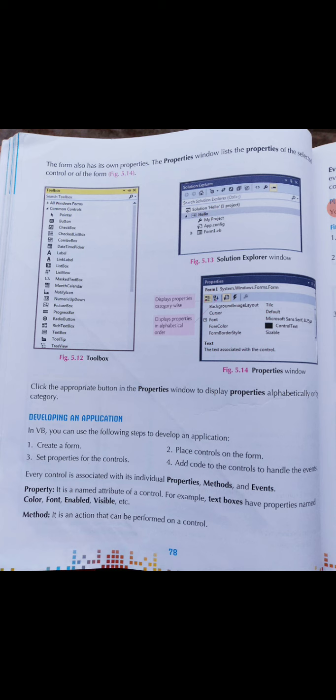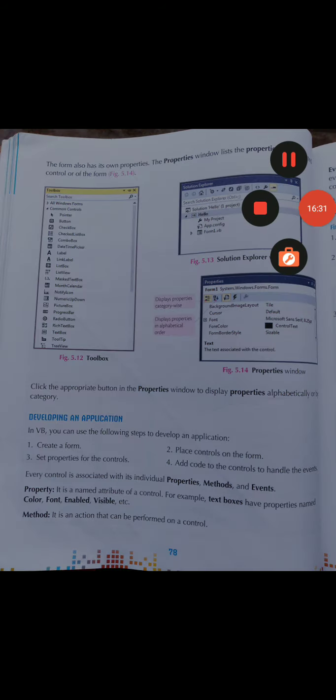You give a single click there with your mouse, and a drop down list appears, and there you will find it is arranged in an alphabetic manner. Clear? Understood this much? No doubts regarding this, students?